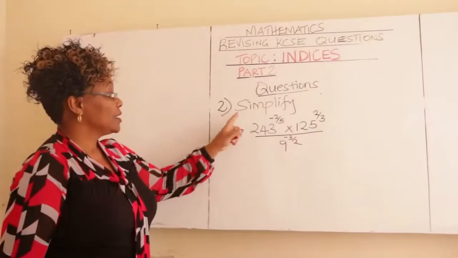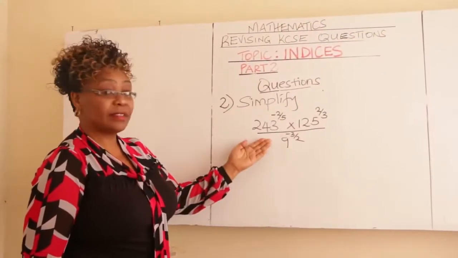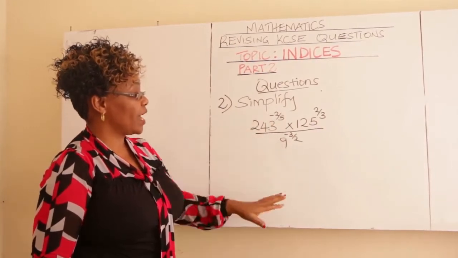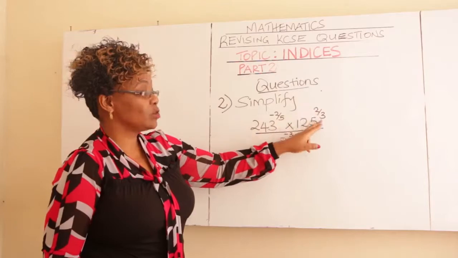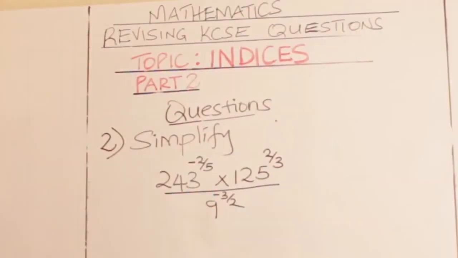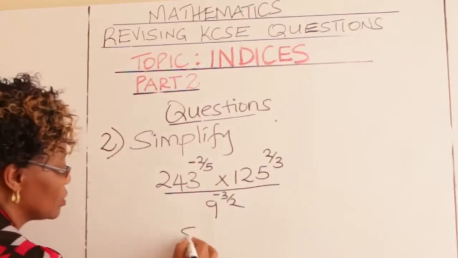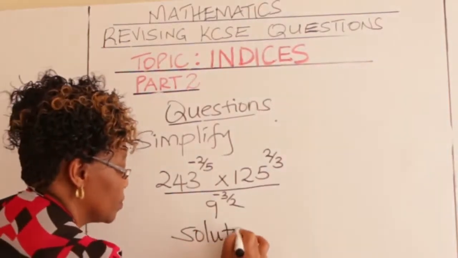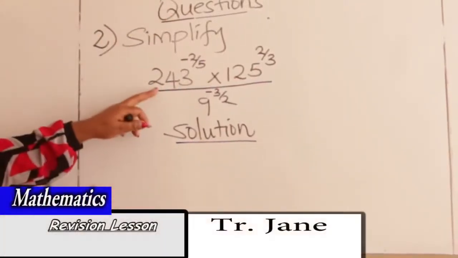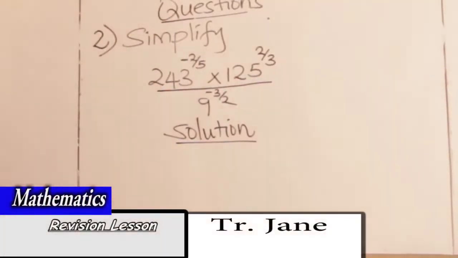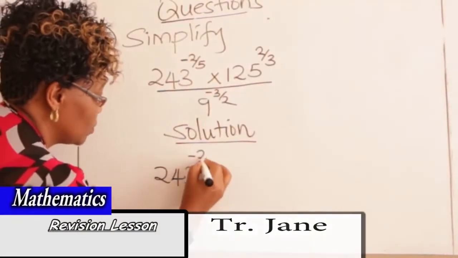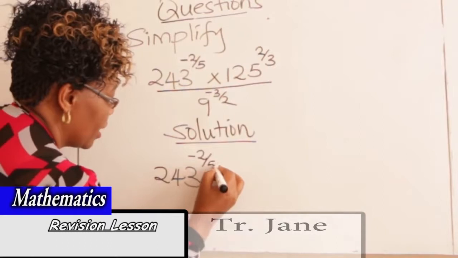Number 2. Simplify this: 243 raised to negative 2 over 5, times 125 raised to 2 over 3, divided by 9 raised to negative 3 over 2. So what is the solution? Take one term at a time. Take 243 raised to negative 2 over 5.